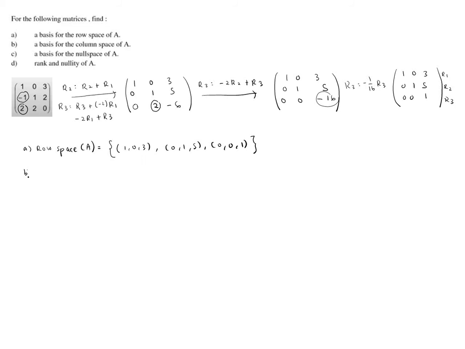Okay, proceed to B. This time we look for column space. Okay, C1, C2, and C3 all have leading 1. So we also have 3. 1, 0, 0, 0, 1, 0, and the last one is 3, 5, 1.